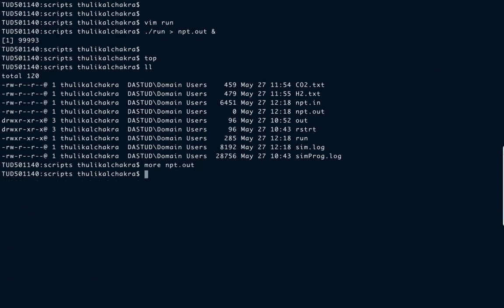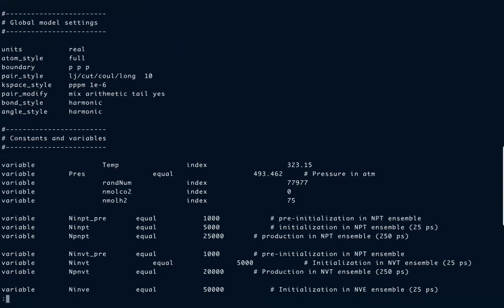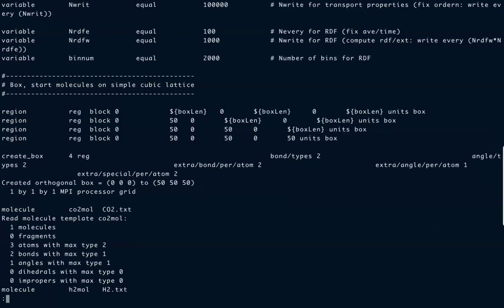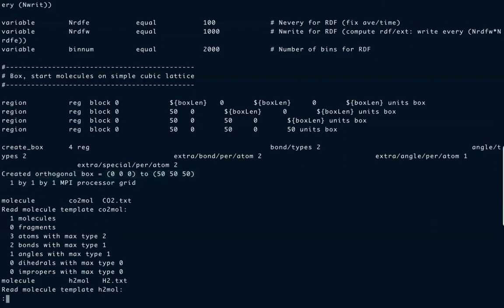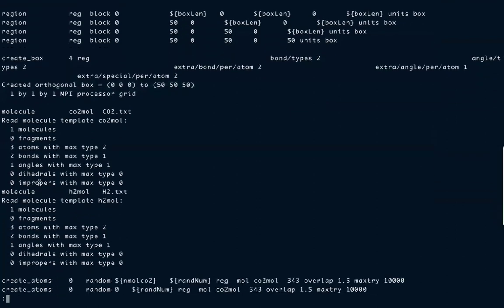You can also see npt.out. There's nothing in npt.out for now, but you can see what's happening in simprog.log. It's already started to read all of these files. You can see it created an orthogonal box between 0, 50, 50, and so on. It read the template file for hydrogen.